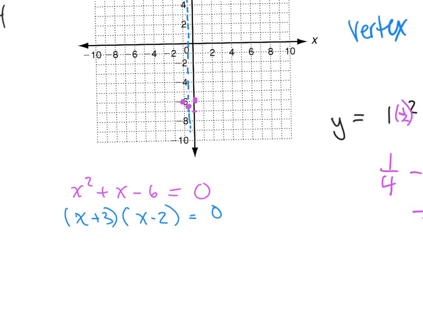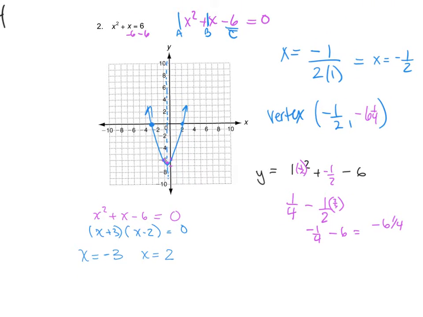What is x equal to? Negative 3 and positive 2. x equals negative 3 and positive 2. So that means you're going to cross at negative 3 and positive 2. And that is my parabola. So you notice that I had to factor in order to find the solutions, which are the x-intercepts.